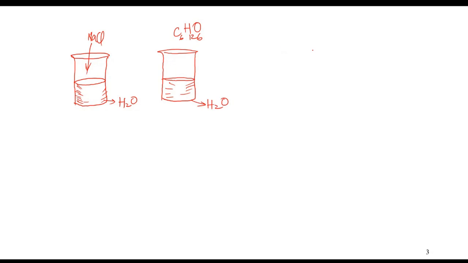Okay, I prepare a third solution, and here I take benzene, C6H6, and I dissolve ether. Ether is miscible with this benzene, so it will form a homogeneous mixture, and we say it is a solution. Here NaCl is the solute and water is the solvent. Here glucose is the solute, water is the solvent, and here ether is the solute and benzene is the solvent.